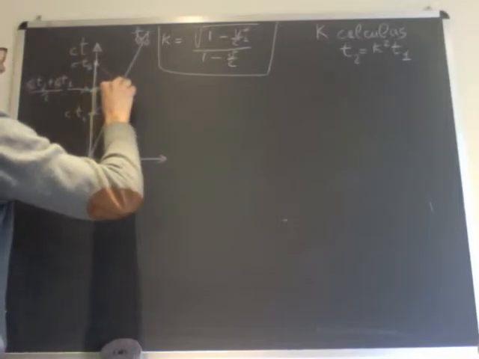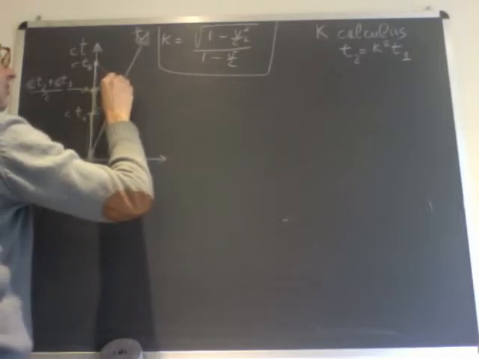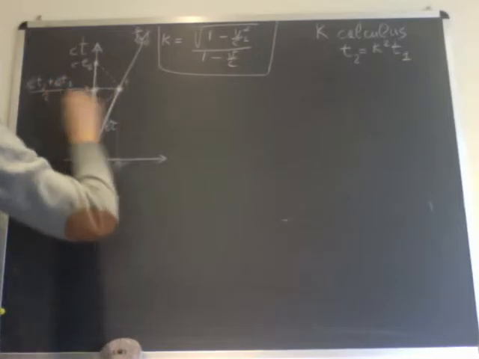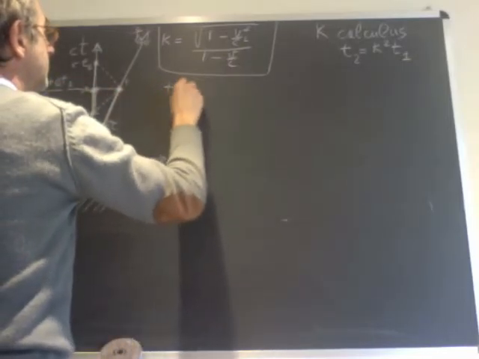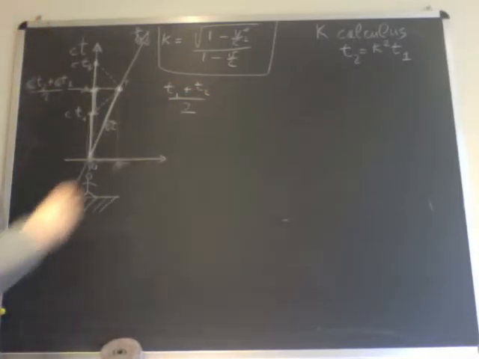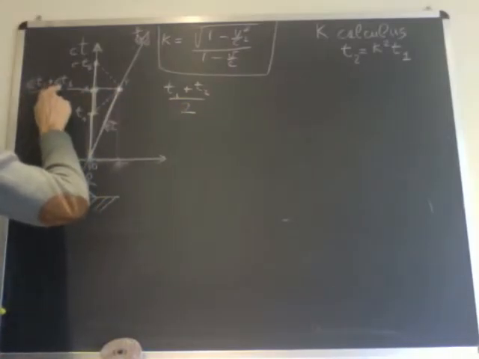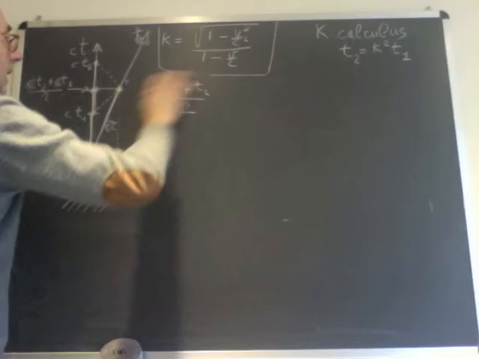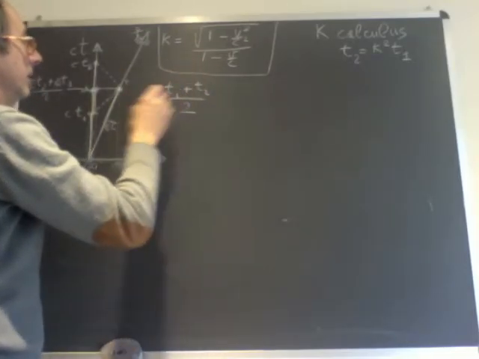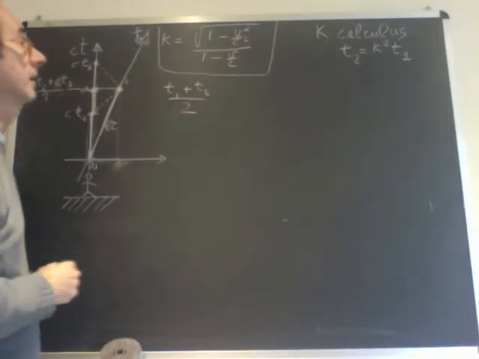So the moment when it touches the rocket corresponds to the time t1 plus t2 over 2. I don't write the c factor in front because here I intend exactly the time, not the space traveled by the light, but exactly the time.